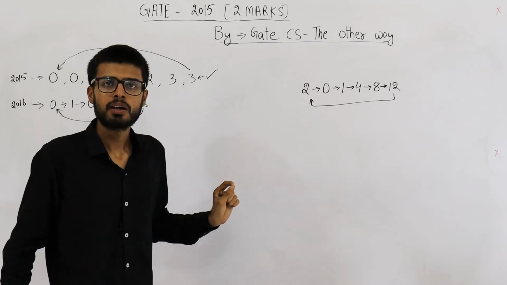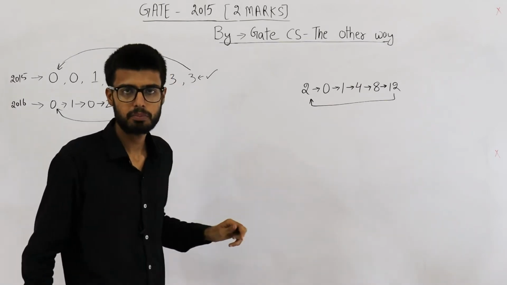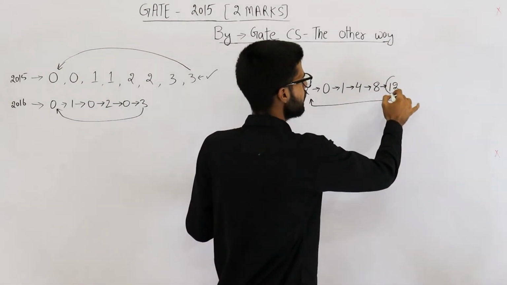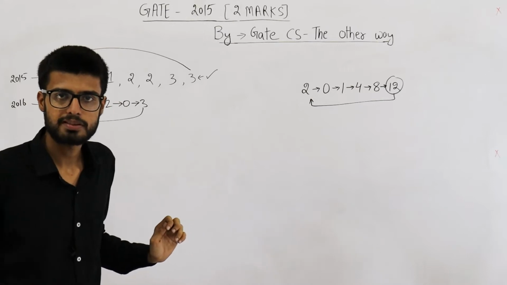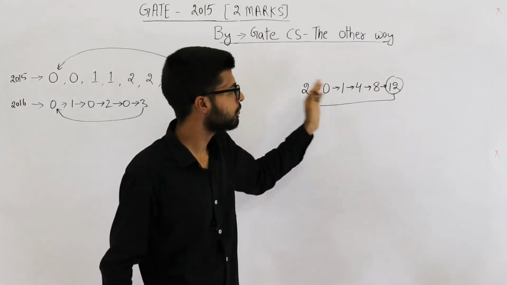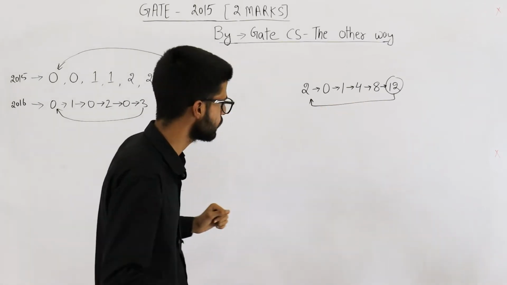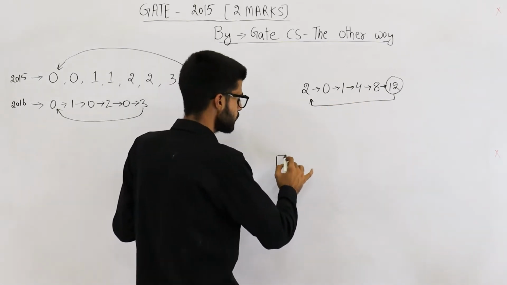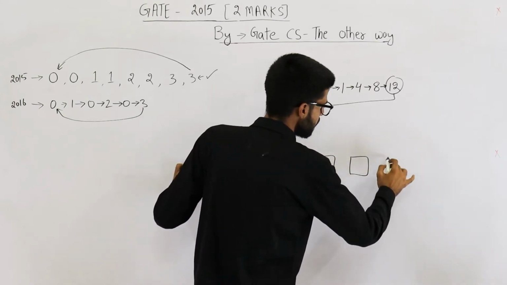You just need to determine the minimum number of bits required to represent the biggest number. The biggest number here is 12. 12 can be represented in 4 bits. That means each and every number will be easily represented in 4 bits. So your answer is 4. 4 flip-flops will be required to implement this counter.